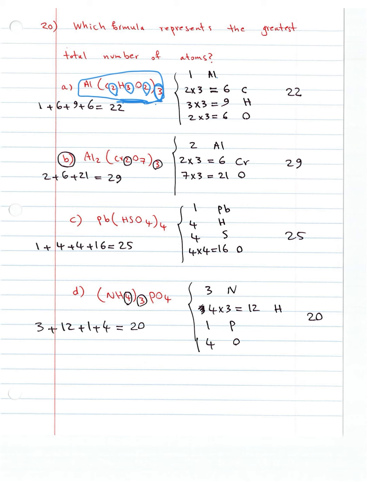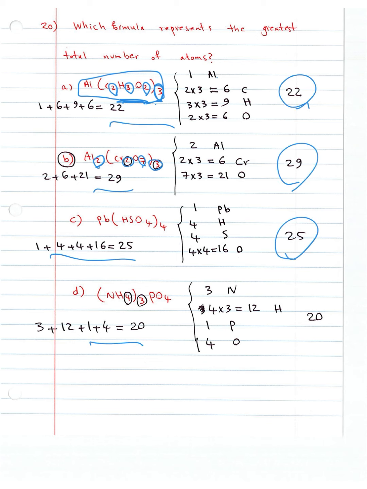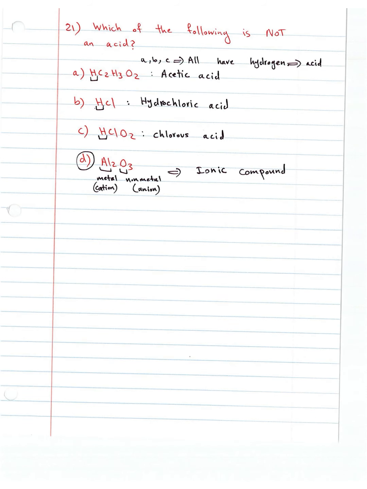And then you do the same here, 2 aluminum, 3 multiplied by 2 chromium, 7 multiplied by 3 oxygen, and so on and so forth. You can just calculate these numbers, add them, and then see which one is greatest, which in this case is 29.